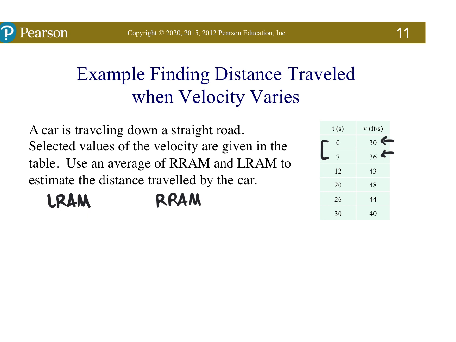Left one, can you picture it? It's 0, 30 and 7, 36. Which one's higher? 36. The 36 is higher, so the left rectangle is going to be base of 7, height of 30. But the right rectangle would be a base of 7, height of 36.